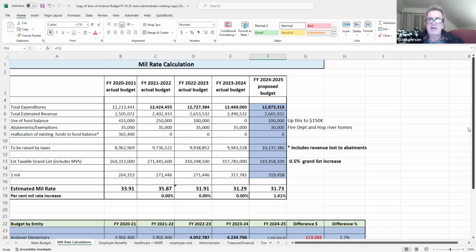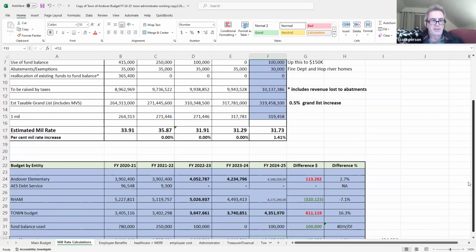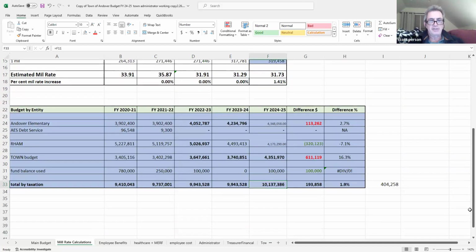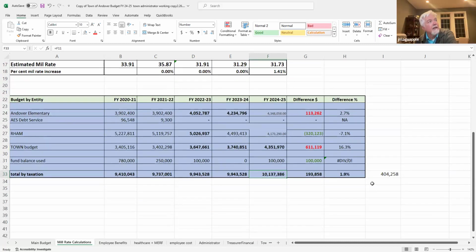Eric, bring the screen down a little bit so we can read the town budget. 4,351,970. Yes, I'll second that. Okay, discussion on that number? All those in favor? Aye. Aye. Okay, all those opposed? Nobody.